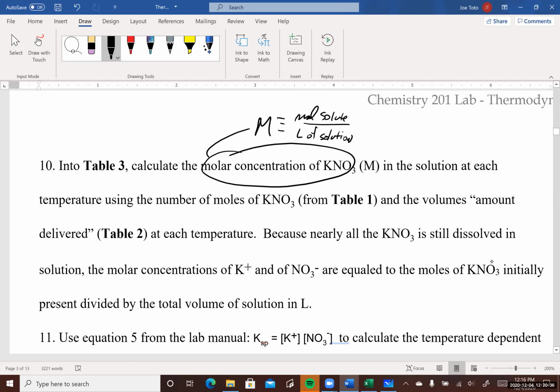So we would have that 15 right here in that position, because it was actually 15.05 grams, right?